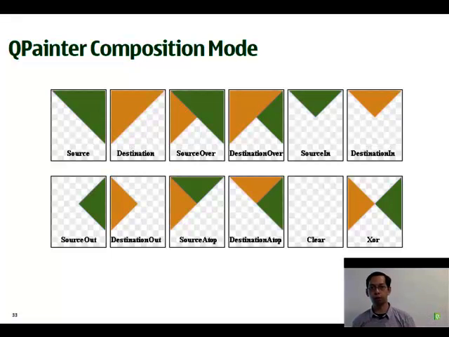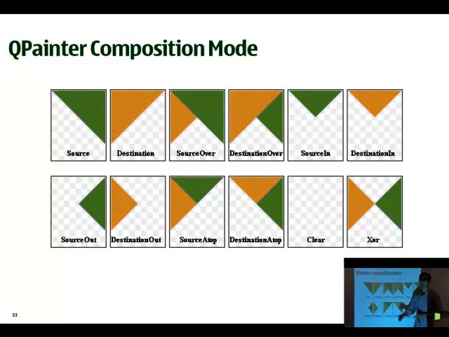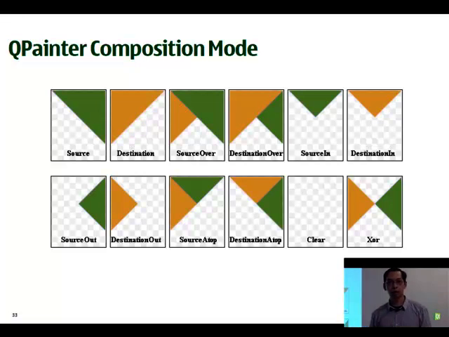So there are several composition modes that are supported by QPainter, starting from source, which means that the source replaces the target, or destination, source over, often called alpha blending, destination over source, and so on and so on. I will not bore you with the details of these composition modes. You can take a look at the Qt documentation on these modes.